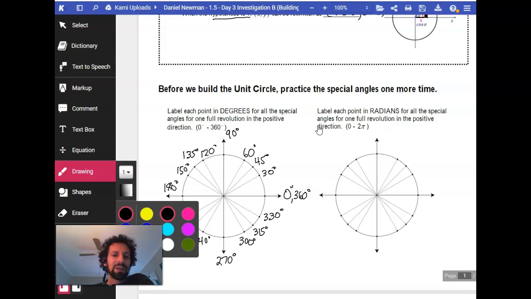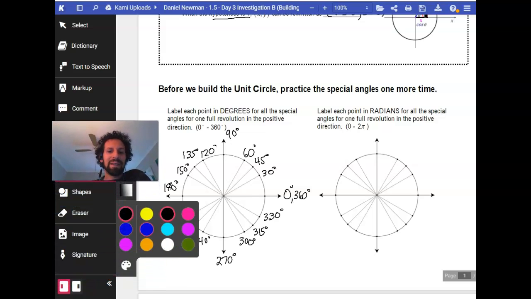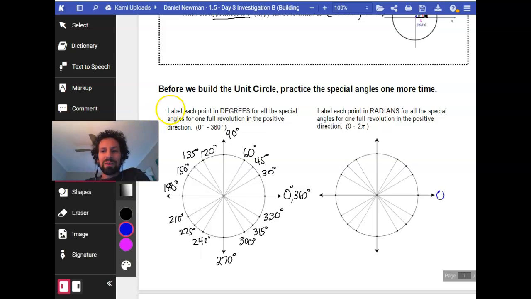Now we're going to go on to radians. And with the radian measure of the angle, we want to make sure that we start with 0 radians. That's going to be the same as degrees. We know halfway around the circle is pi radians.